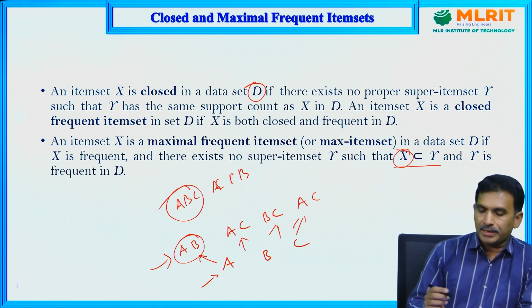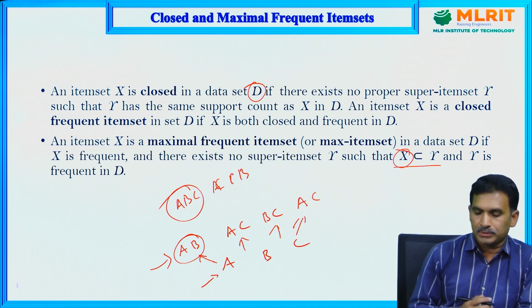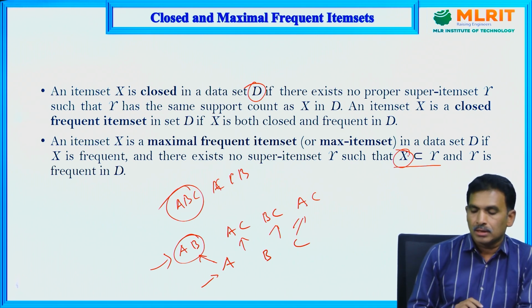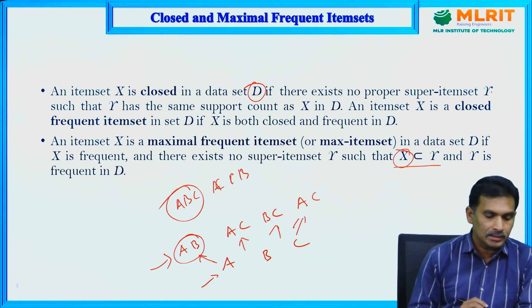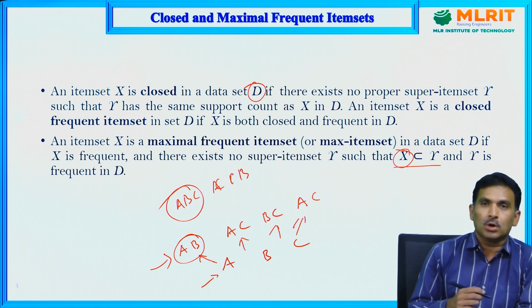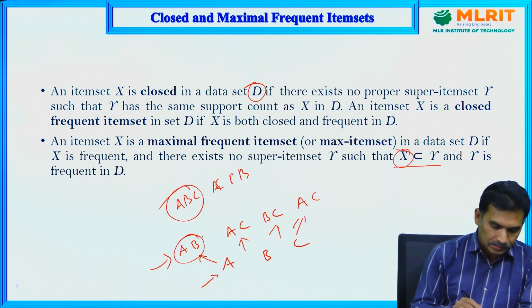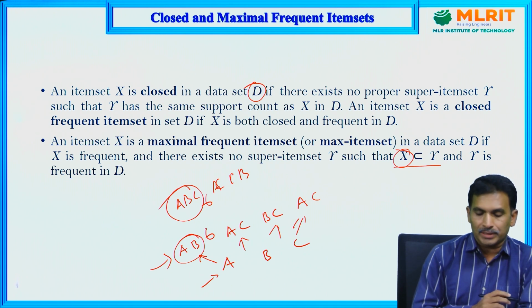If there is no proper super item set Y such that Y has the same support count as X, like suppose the support count is 6 and this support count is 6, right?